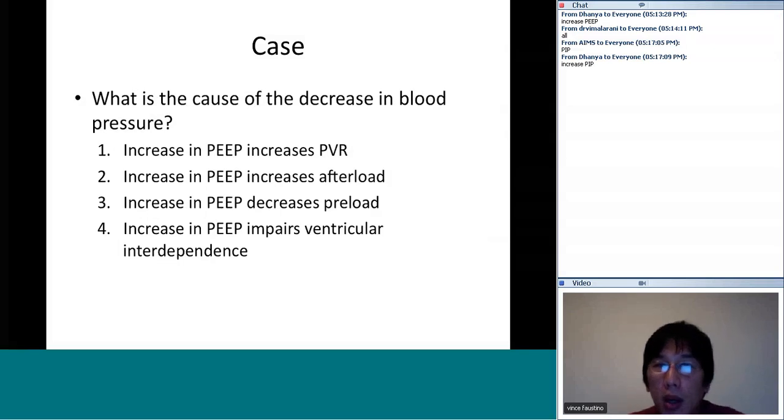Question: what's the cause of the decrease in blood pressure? An increase in PEEP increases PVR. An increase in PEEP increases afterload. An increase in PEEP decreases preload. An increase in PEEP impairs ventricular interdependence.